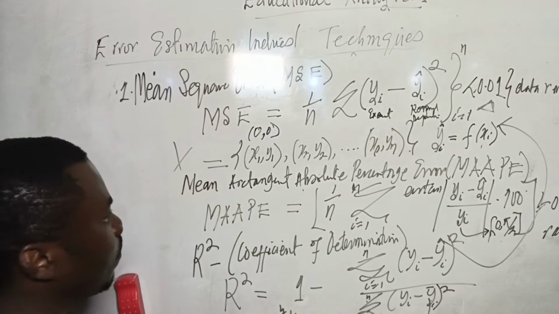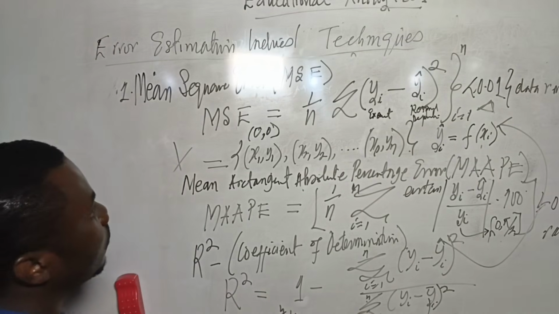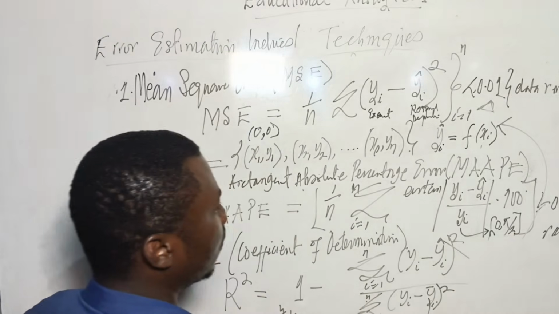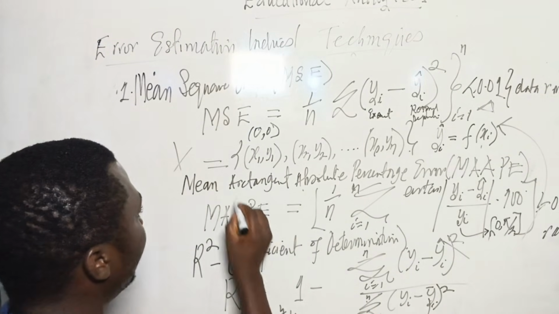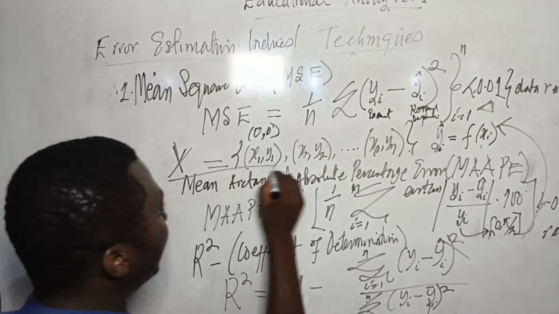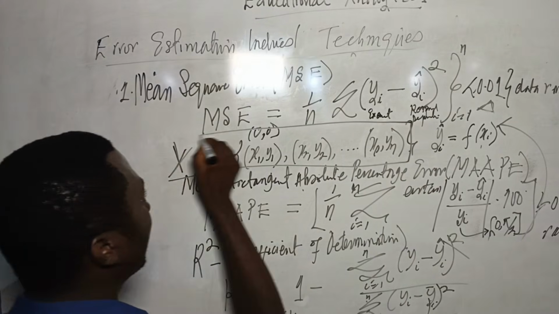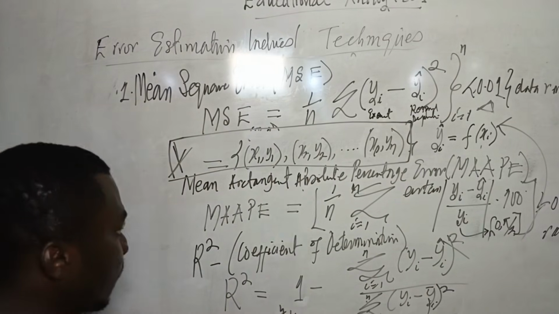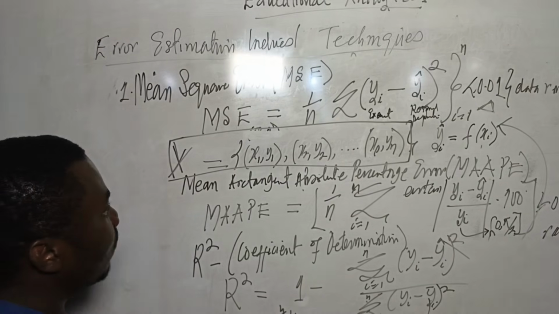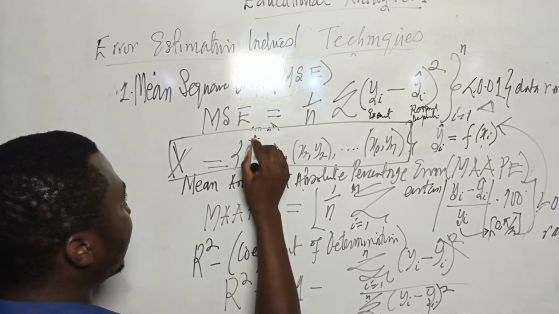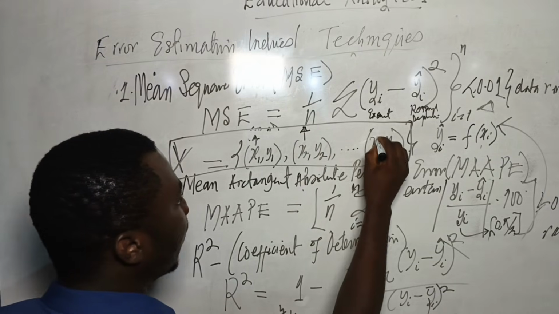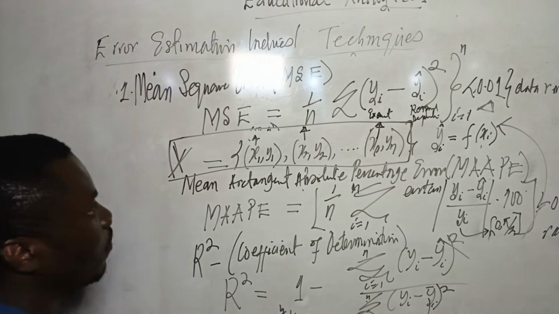So what I'm trying to explain is that if you have a model like this, then remember that you have these to be the independent variables, and they are finite independent variables.